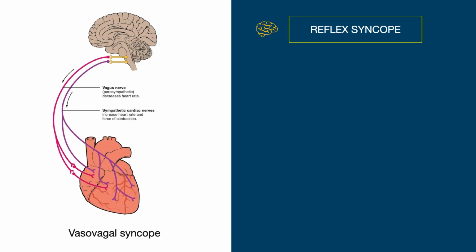Vasovagal syncope. Vasovagal syncope is the most common type in young adults but can occur at any age. It usually occurs in a standing position and is precipitated by fear, emotional stress, or pain. Autonomic symptoms are predominant.